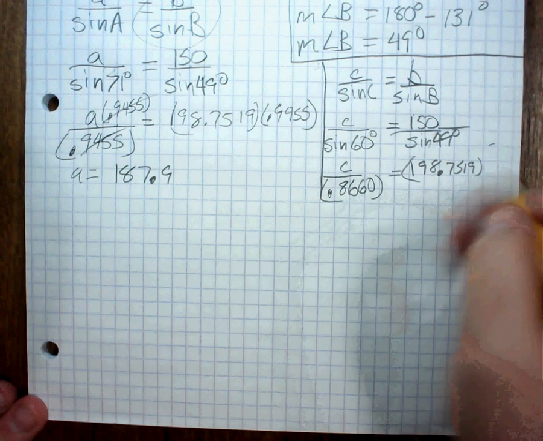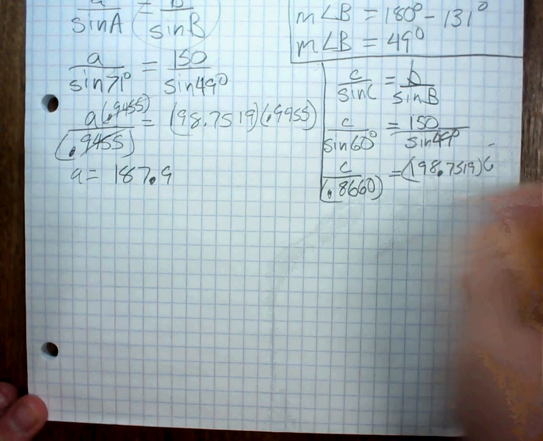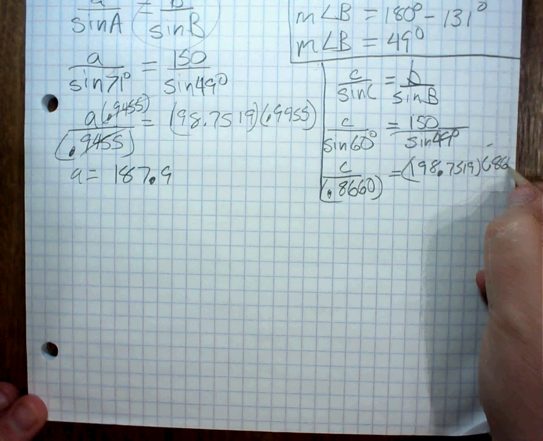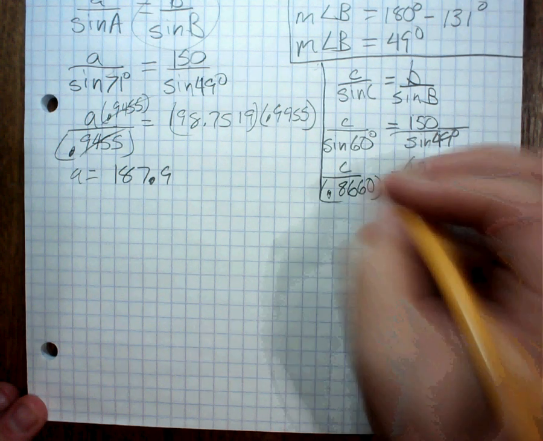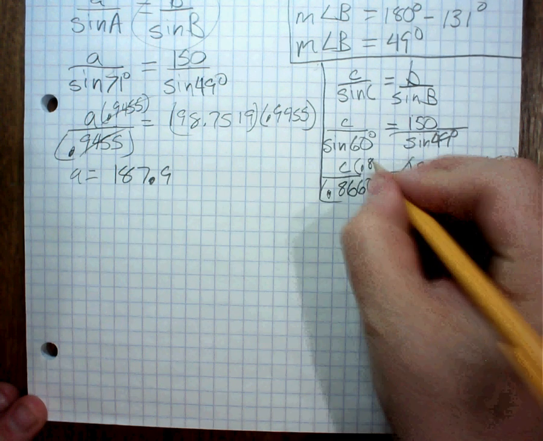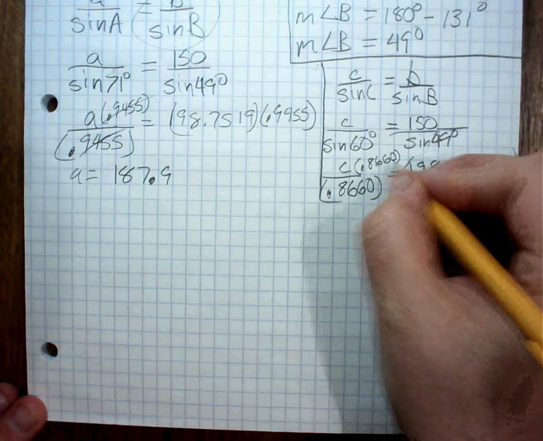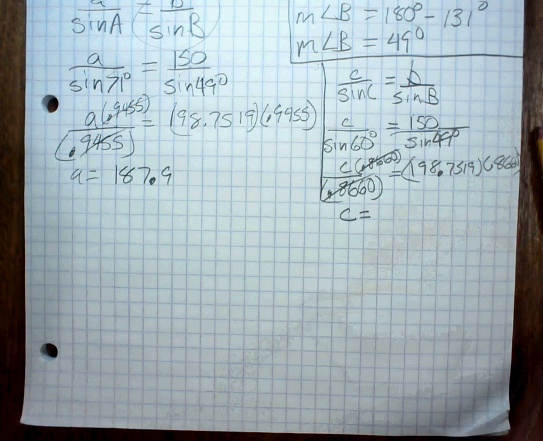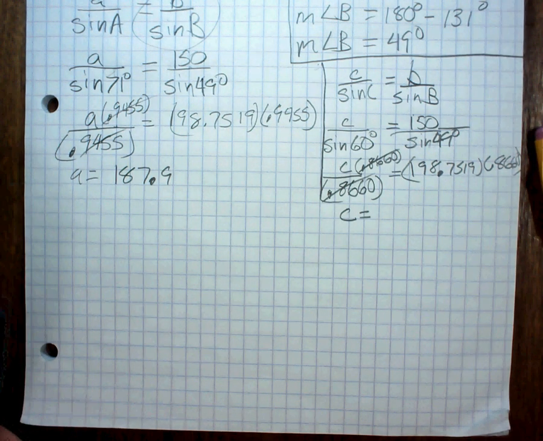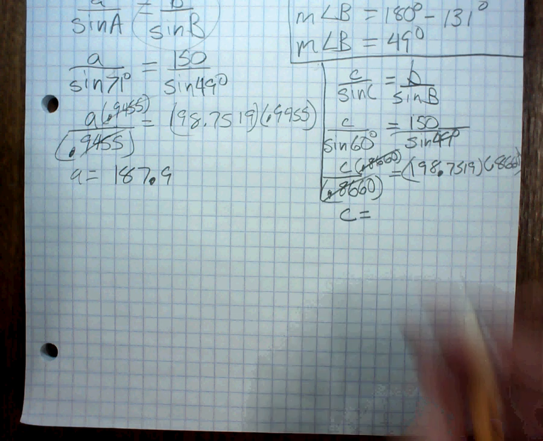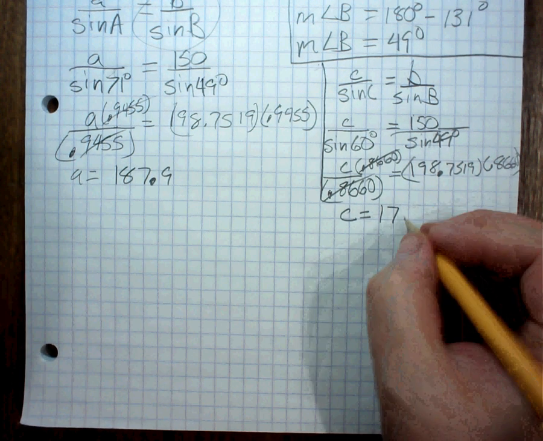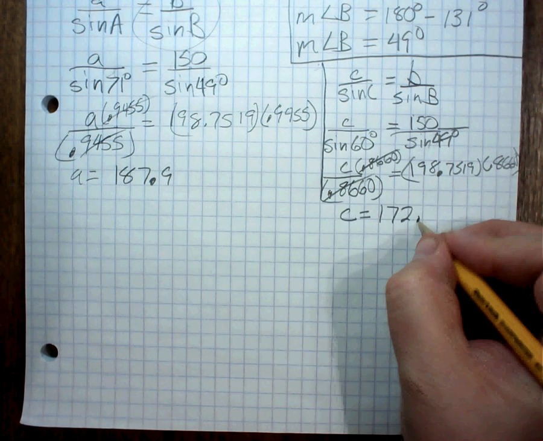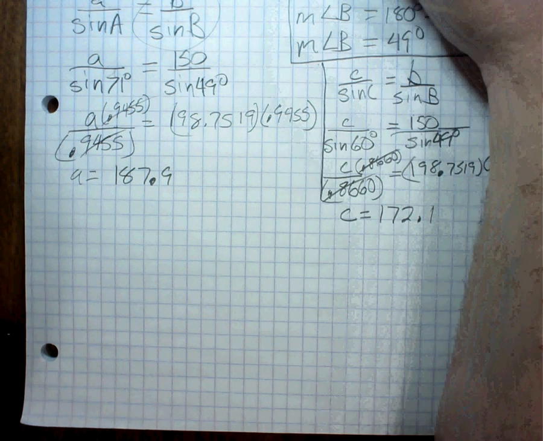Now from here, I'm going to multiply both sides by 0.8660, because then that will cancel with this, and that'll give me c. So let me multiply that out. 198.7519 times 0.8660 is 172.1.